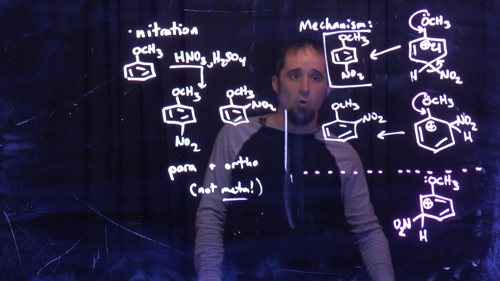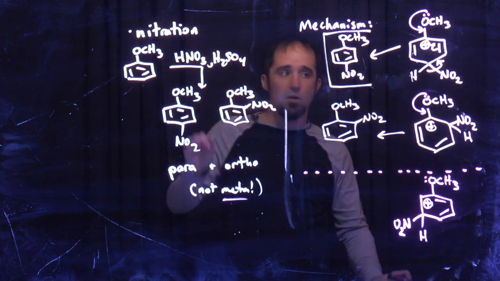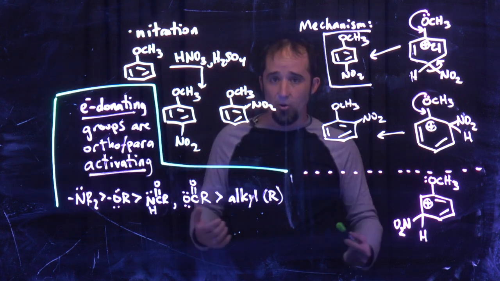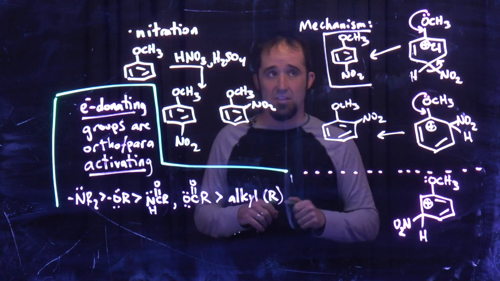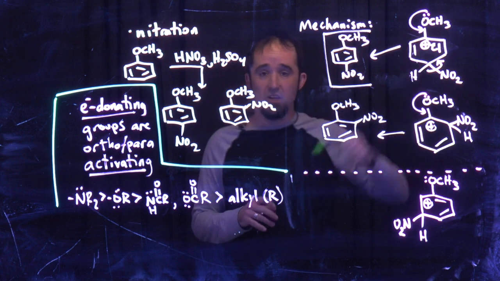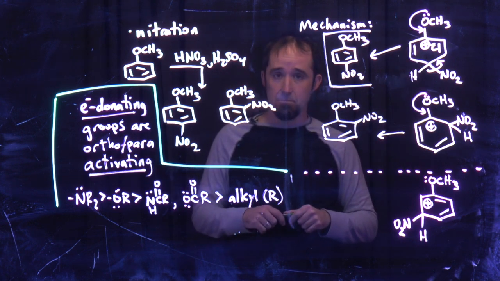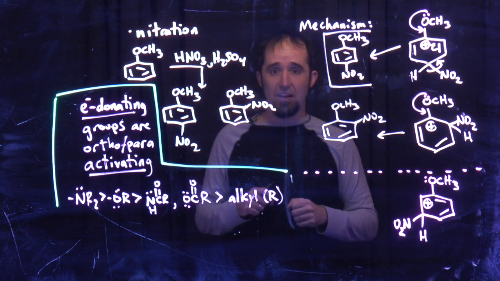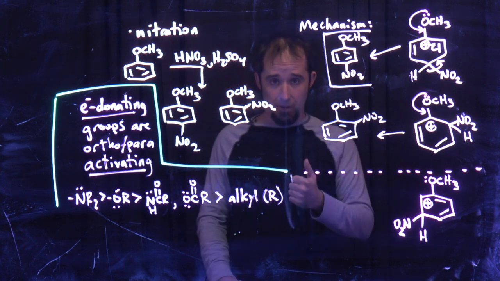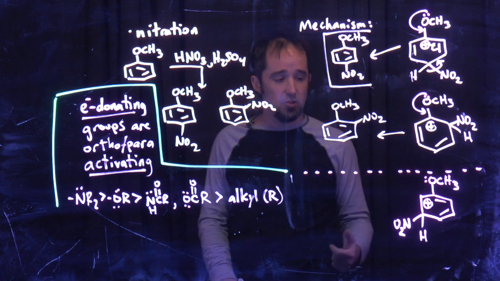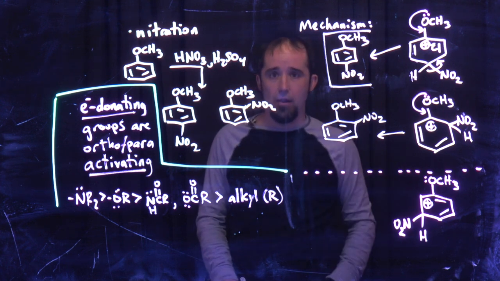So we call compounds like this, with donating groups like this oxygen that have a lone pair they can push into the ring, ortho-para activating. So A, the reaction goes faster than benzene, and B, the reaction goes regio-specifically to both the ortho and para positions.